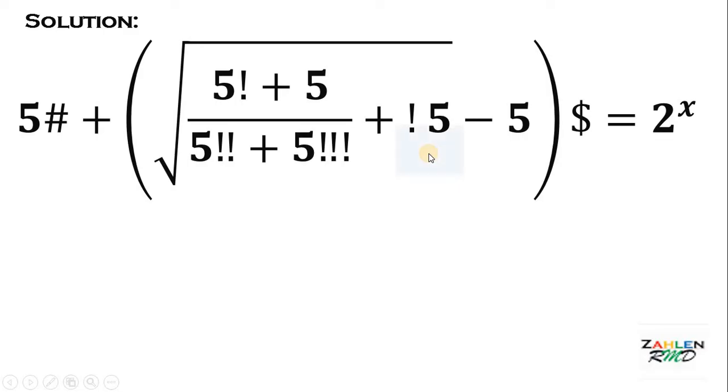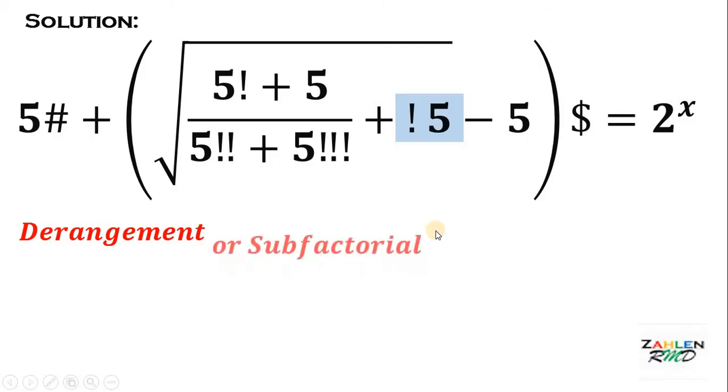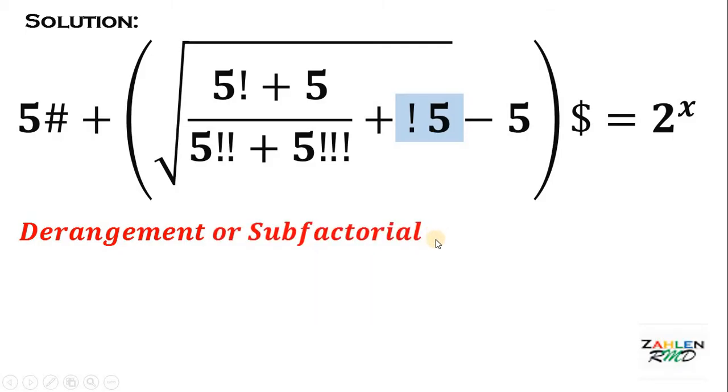This is what we call 5 subfactorial, or simply derangement. So, derangement is the same thing as subfactorial. Now, in combinatorial mathematics, a derangement is a permutation of elements of a set such that no element appears in its original position.